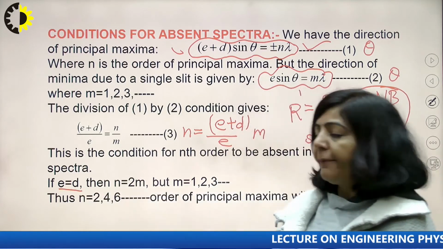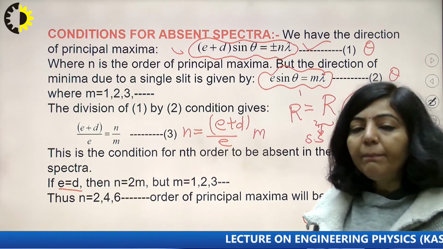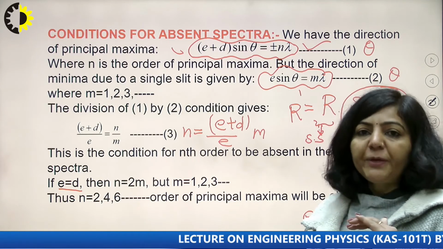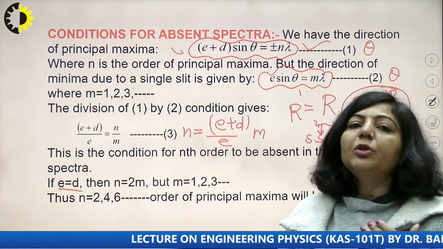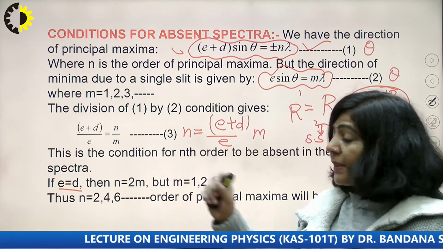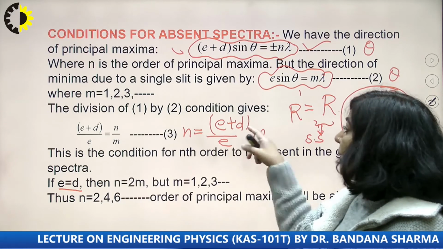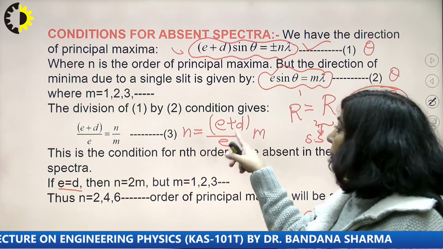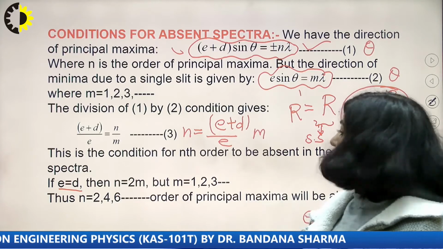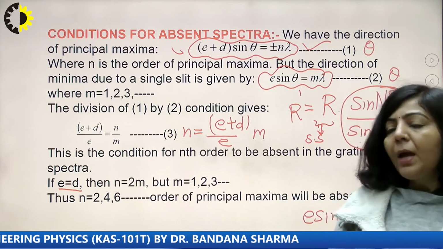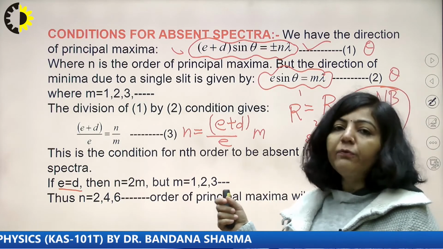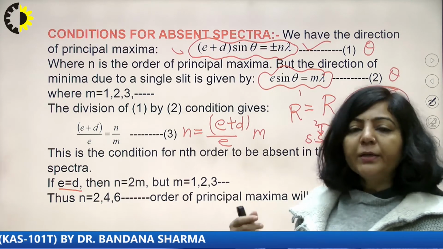Suppose for your grating, e is equal to d, meaning the width of the transparent part is exactly equal to the width of the opaque part. Taking e equals d, this will be 2e upon e, the e will get cancelled, and n will be equal to 2m. And you know, m can take different values starting from 1, 2 and so on.